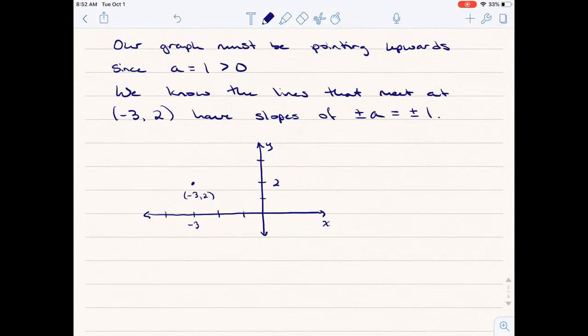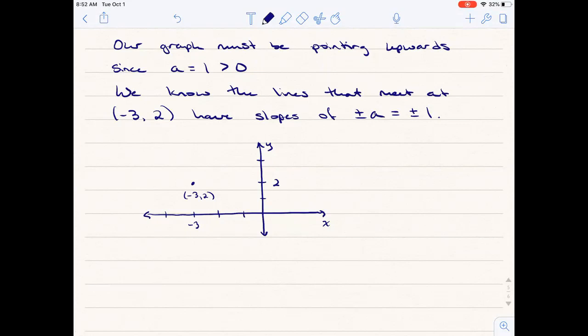To draw a straight line, you only need 2 points on that line, which I'm feeling pretty sure that we talked about last day. To draw these straight lines, we only need 2 points on that line, and then we can connect them and extend the line for as long as we need to. Okay.